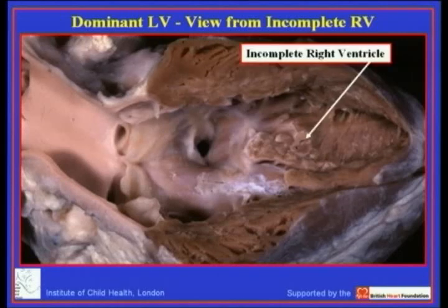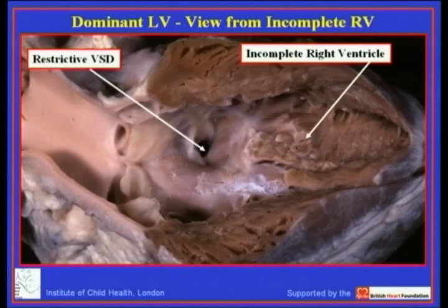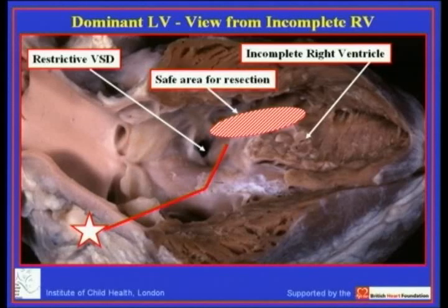I'm showing you here the incomplete right ventricle as it might be seen by the surgeon, with its apical part to our right hand, the tightly restrictive ventricular septal defect, and we know that the conduction axis is carried on the crest of the ventricular septum, arising from an anterolateral node within the morphologically right atrium. And the safe area for resection is that closest to the obtuse margin of the ventricular mass. And restrictive defects can be resected in this fashion without damaging the conduction axis.